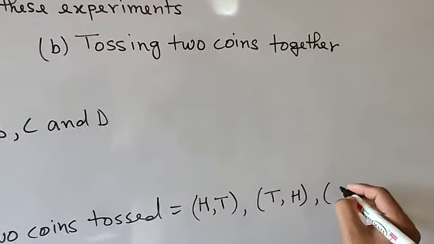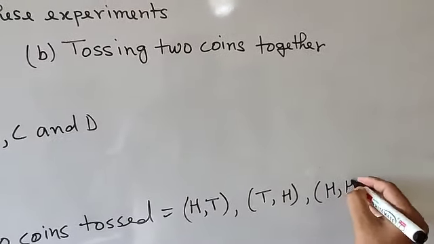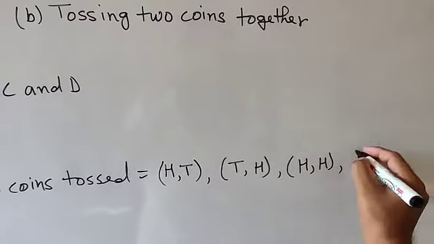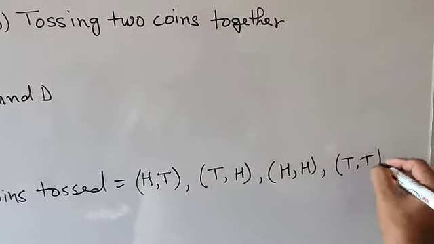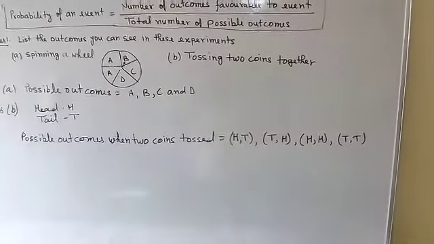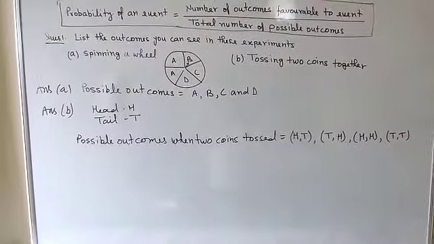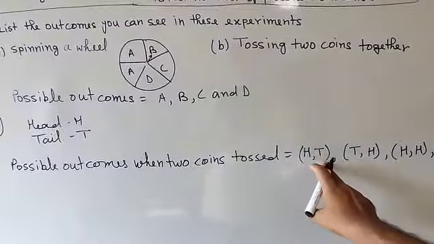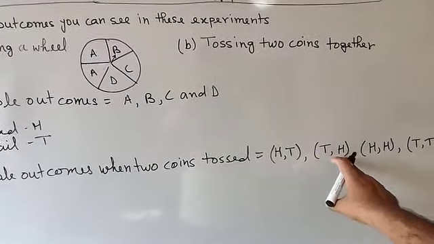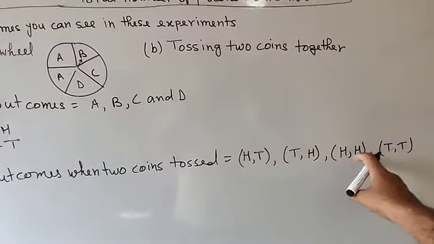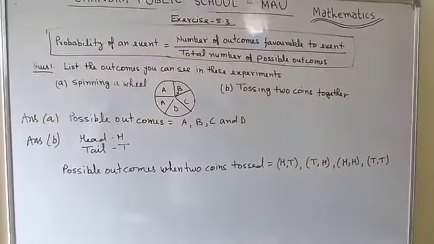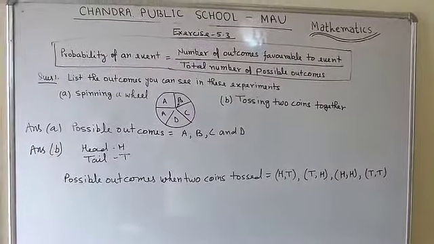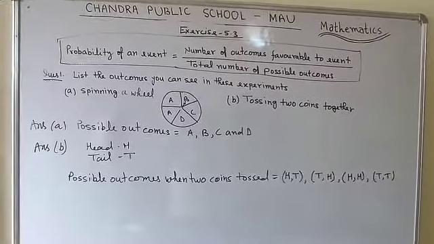Third, first head, second head. And fourth, first tail and second tail. So these are the 4 possible outcomes when 2 coins are tossed.